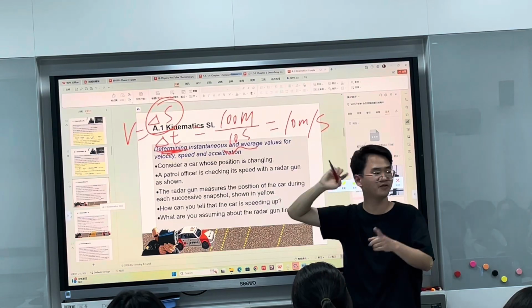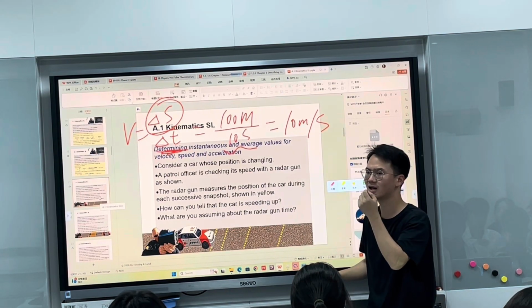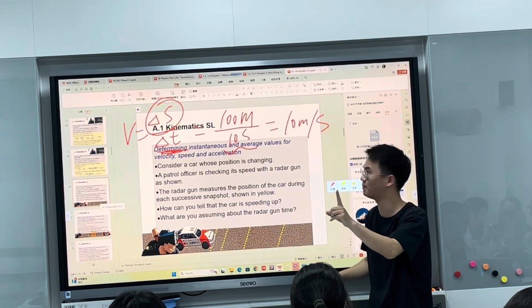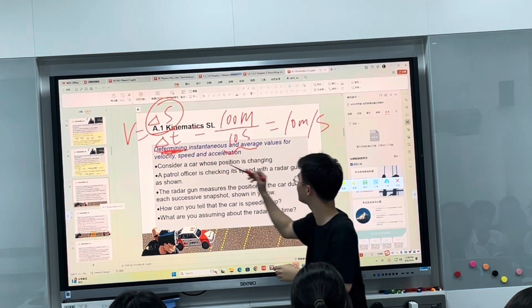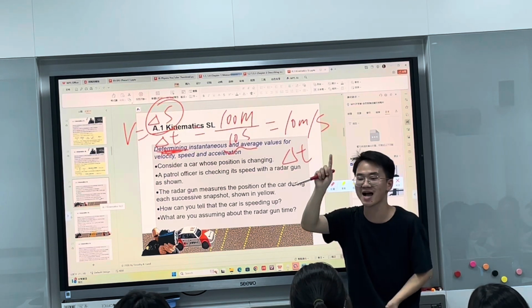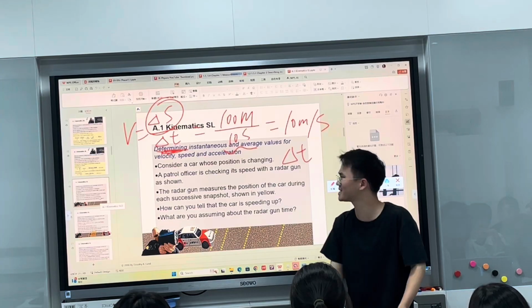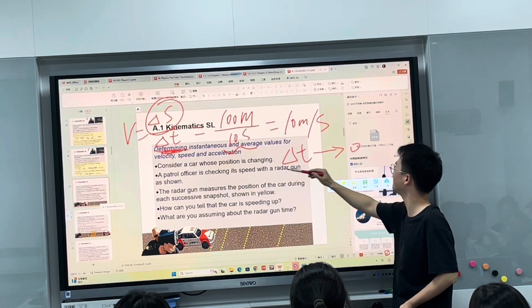right? But if you just want that single moment, which means one time stamp, then this delta t should be as small as possible so that it's actually within one moment. Then what does one moment mean? That means time is infinitely small.